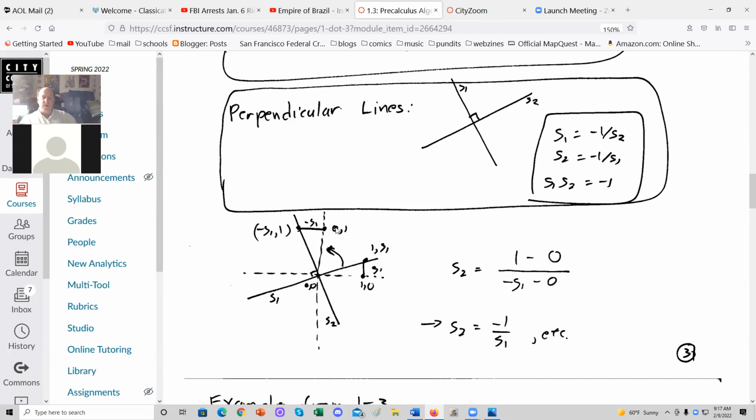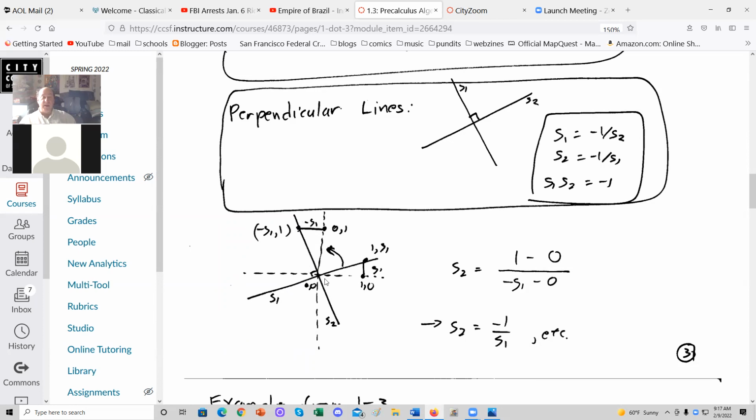And this distance S1 turns into a distance minus S1 to the left, because it's a rotation, and up turns into leftwards. So if this is 0 by 1 and you go S1 to the left, then this point here is minus S1 by 1. So these 2 points, minus S1 by 1 and 0 by 0, are on the line with slope S2.